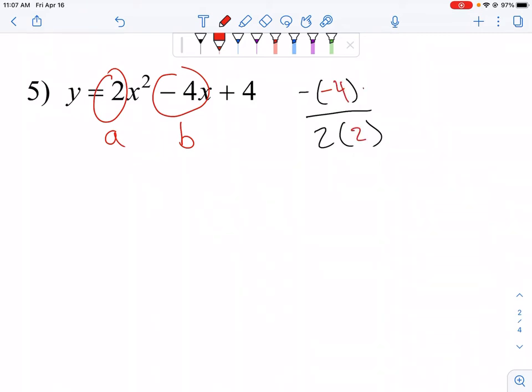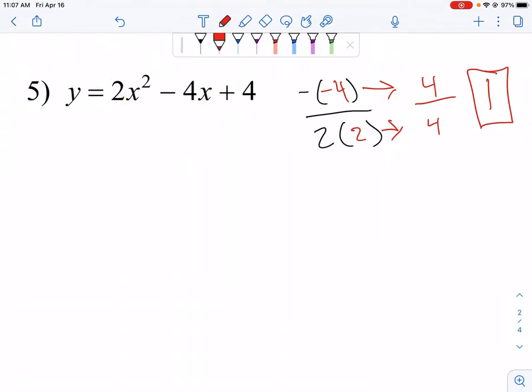So the opposite of negative 4 is positive 4, and 2 times 2 is also 4. So 4 over 4 makes 1. So what we're doing now is we are going to go in and we are going to replace x with a 1.